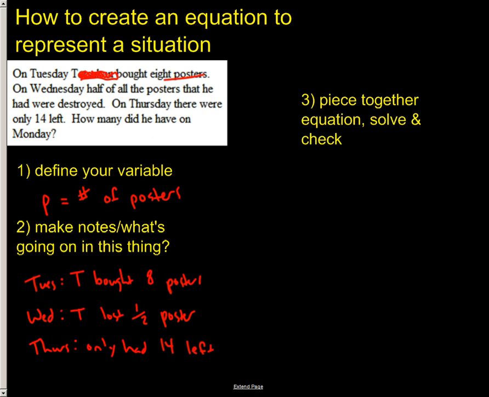So it's just kind of a boom, boom, boom process. What happened first? Well, first off, he bought 8 posters. Okay. Then he lost half of the posters, and then he only had 14 left over. How many did he have on Monday? And so let's just put Monday right here.